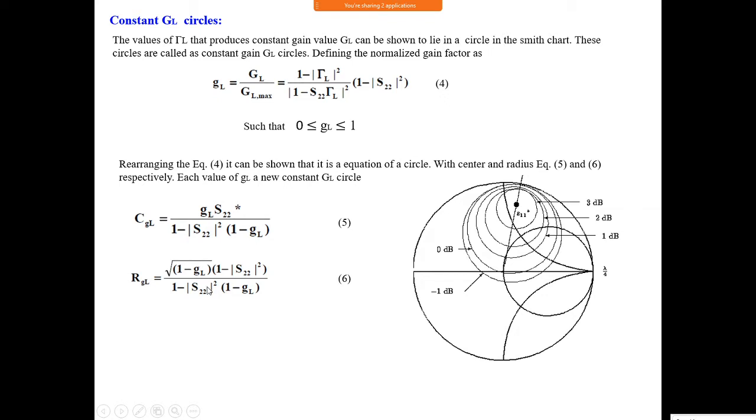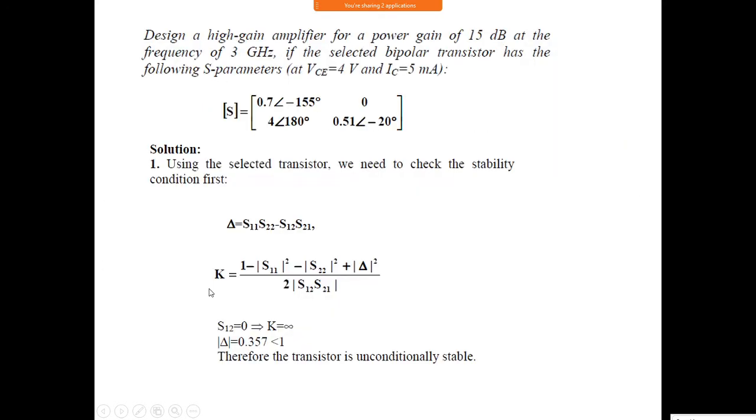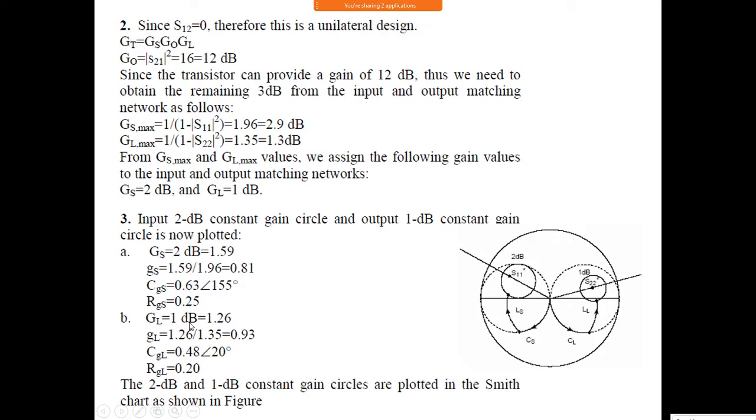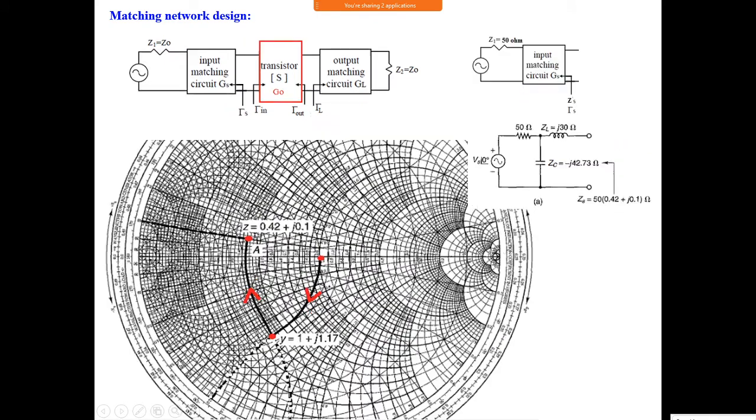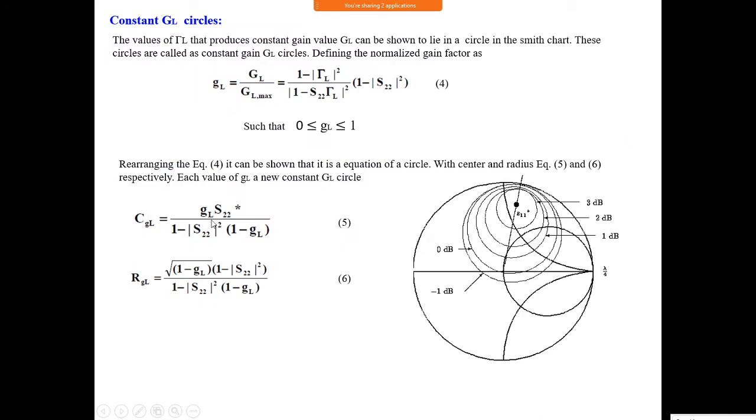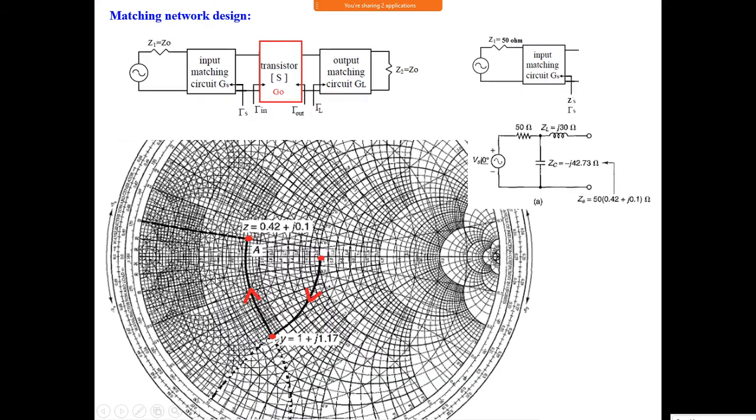Draw the circle again. See, that is like this. Here GL is equal to 1 dB. I want 1 dB gain, so we should draw the circle again. You have to find the center CGL and radius RGL: CGL using this equation and RGL using this equation.